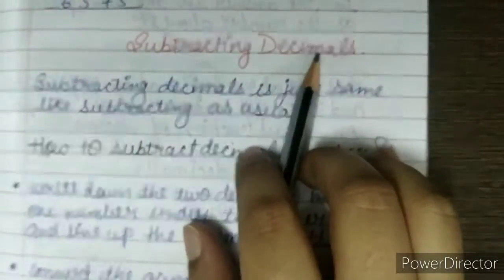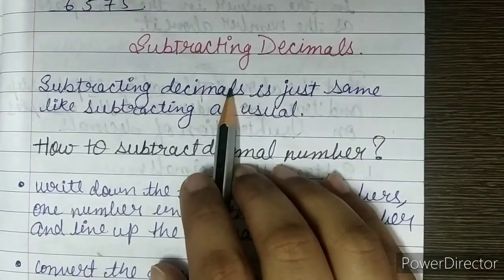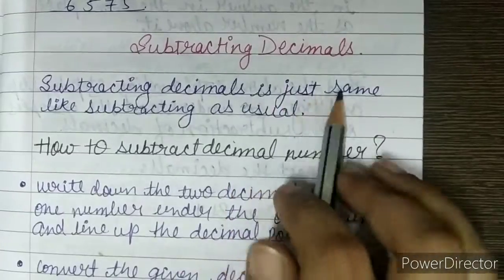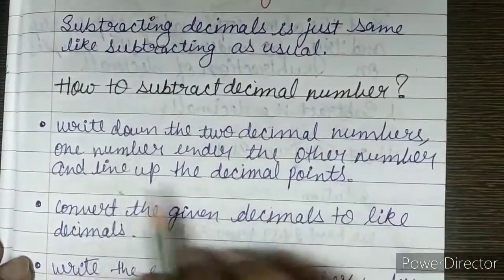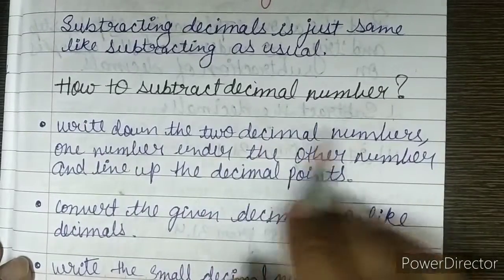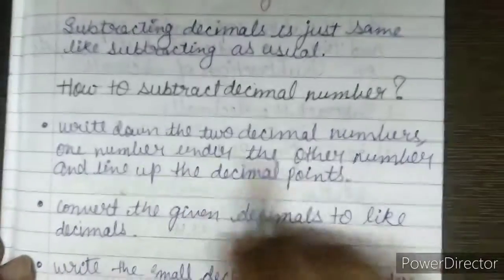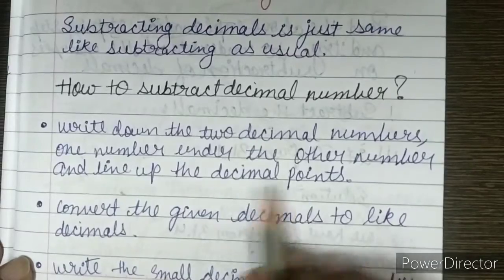Subtraction of decimal numbers. Subtracting decimals is just the same as subtracting as usual. How to subtract decimal numbers? Write down the two decimal numbers, one number under the other, and line up the decimal points.